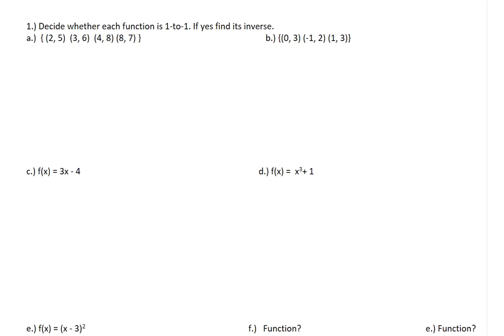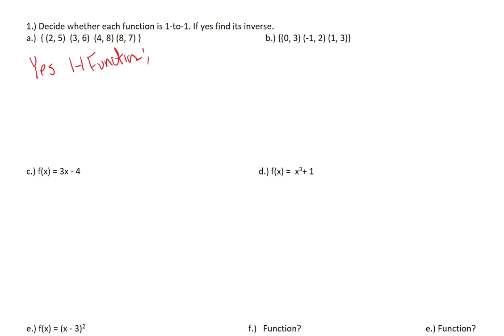So again, we can tell this is one-to-one by looking at the x's. All the x's are different. And then we look at the y's. We have 5, 6, 8, and 7. So all of the y's are different. So this is a one-to-one function, so we can create an inverse.